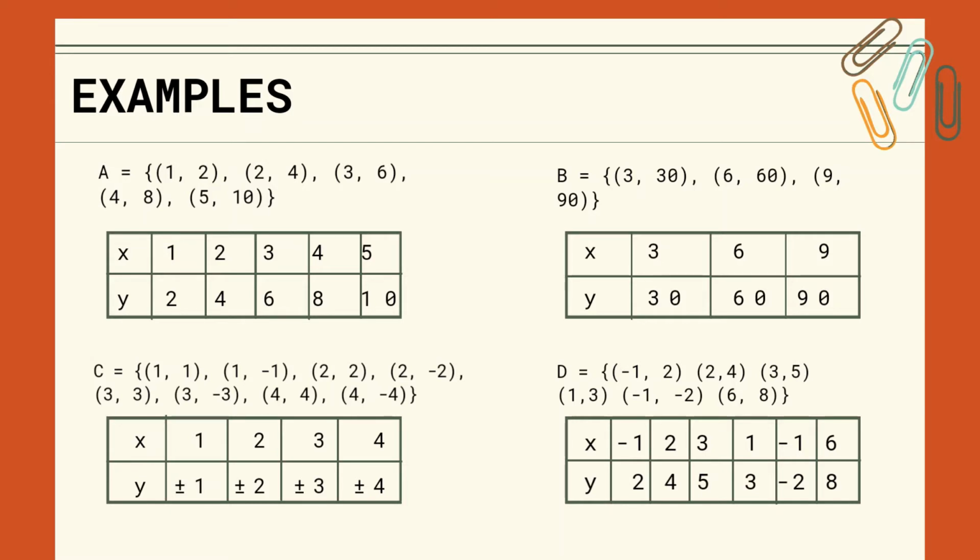For the last example, we have (-1, 2), (2, 4), (3, 5), (1, 3), (-1, -2), and (6, 8). Again, x coordinates will be placed on the first row and y coordinates on the second row. Since there are two -1s, this is a relation.